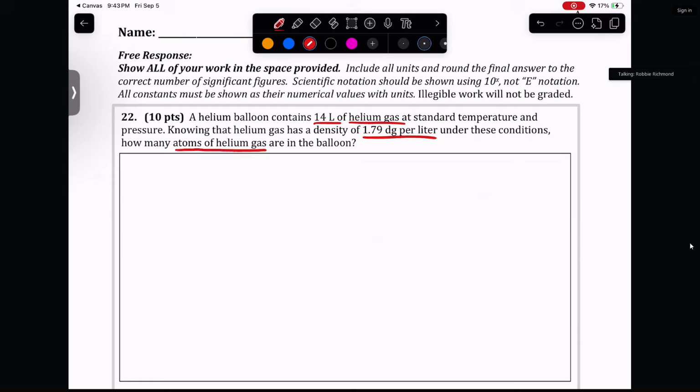Cool. So we're given a couple conversion factors, 14 liters of helium, and we're also given 1.79 grams of helium will be in a liter of helium. And as Dr. Outlaw said, for large dimensional analysis problems or word problems in general, start with the conversion factor that doesn't have a fraction.